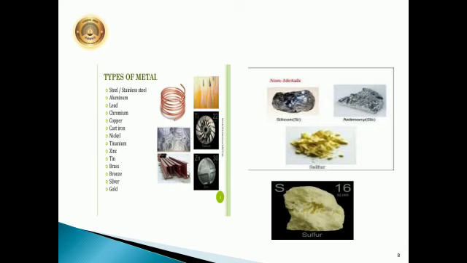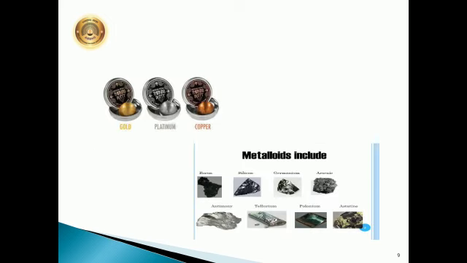Here we can see the different types of metals: aluminium, lead, copper, nickel, zinc, tin, etc. Then you can also see the non-metals: strontium, sulfur. There are the noble metals: gold, platinum. Then there are metalloids. You can see these here.